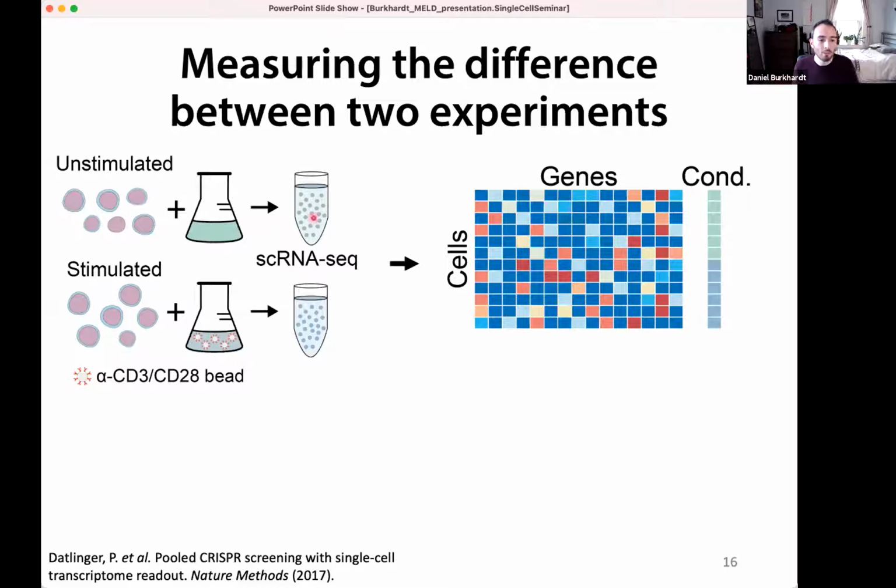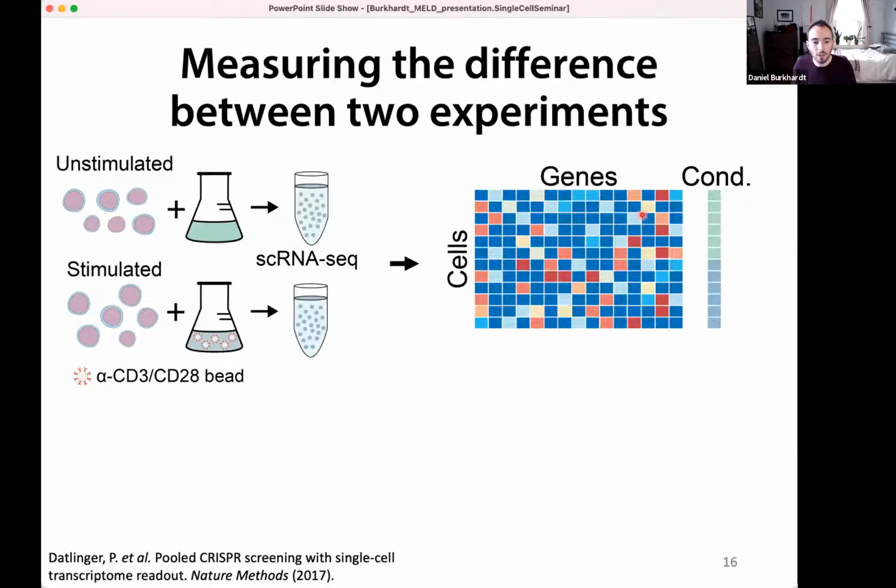You might take T cells and split them into two groups, a control group and a treatment group. For the control group, you maybe just add some media, then collect single cells and sequence them. In the treatment group, they used anti-CD3, CD28 beads, which simulate the T cell receptor activation pathway.